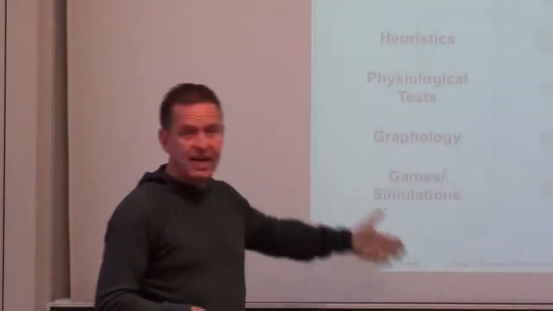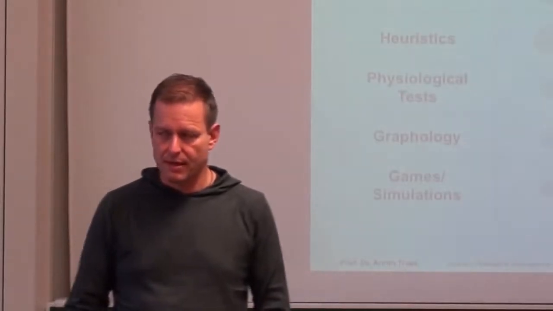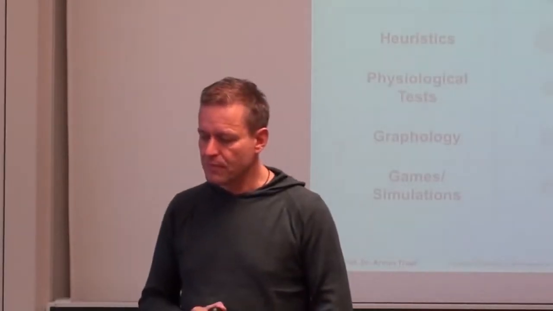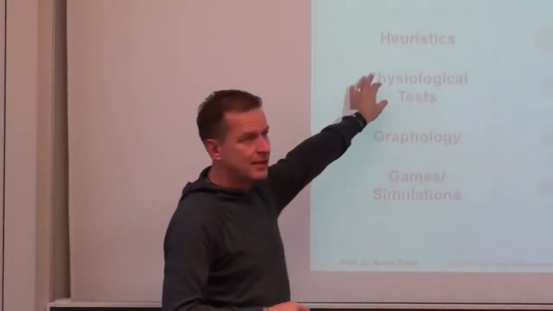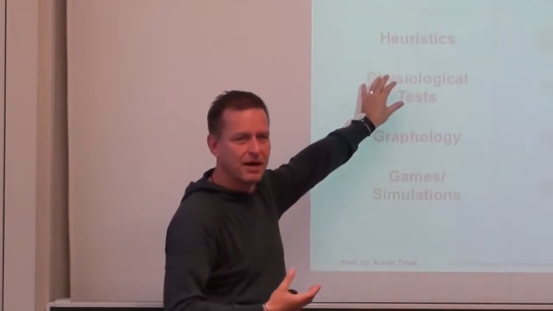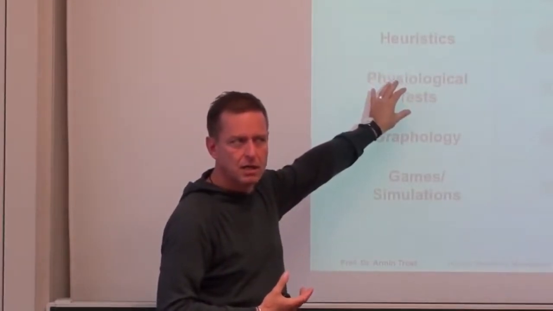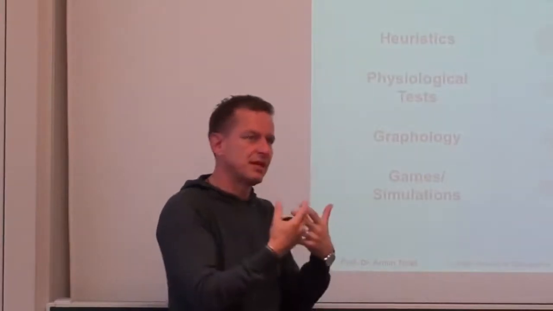Then we have games, simulations, things like this. With physiognomy tests, you look at the shape of the face, the shape of the body of somebody, and tell from the shape of the face about the personality.